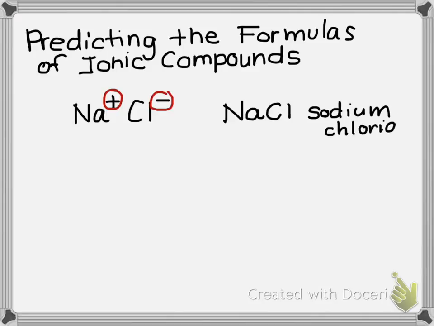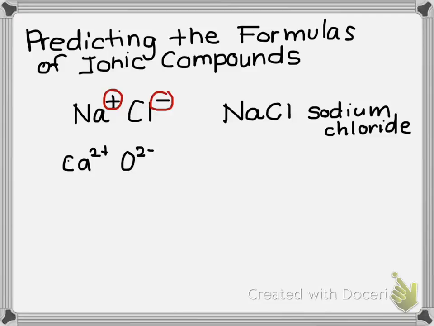Now, another time when it would be 1-to-1: let's say you have calcium and oxygen. The calcium is in group 2A, and it's a 2+, and oxygen's in group 6A, so the oxide is a 2-.